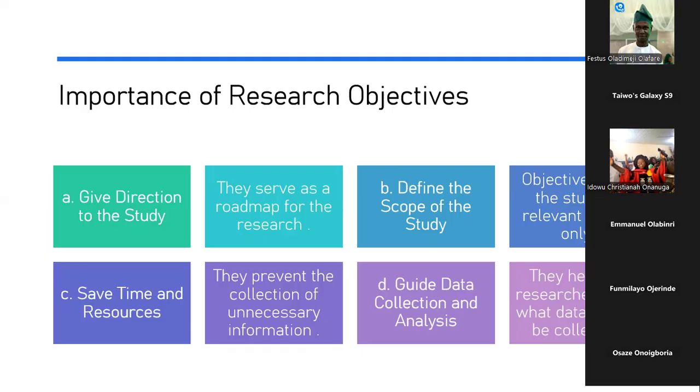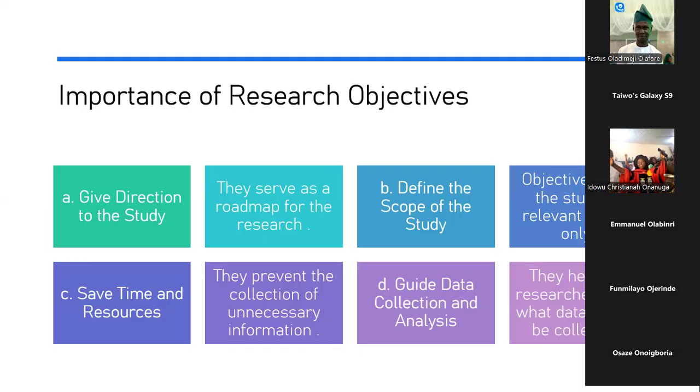And because of all that, research objectives help to guide us when it comes to data collection and data analysis. Because it is the type of objective, the limit that you set for your research, that will tell you what to include in your questionnaire at the end of the day, so that you will not have irrelevant information, and as a result, you will not collect irrelevant data.